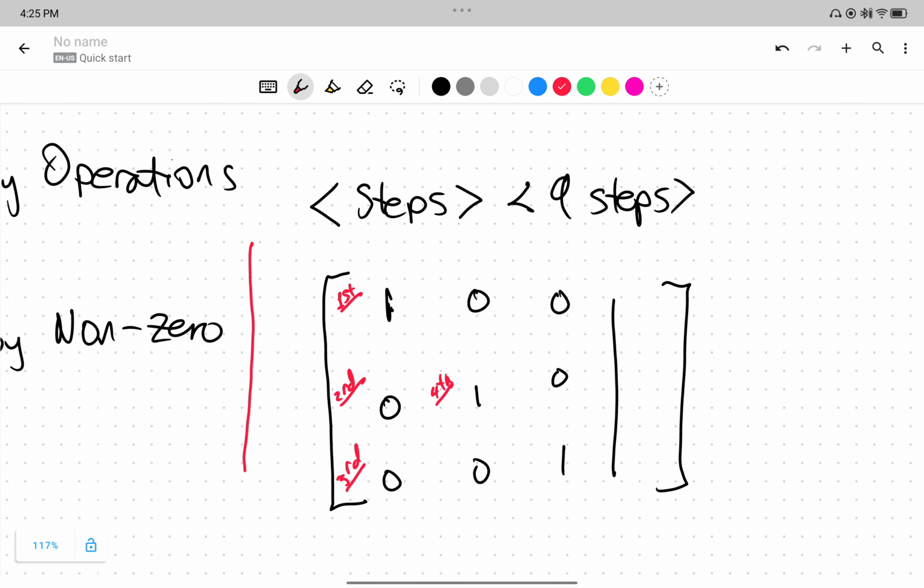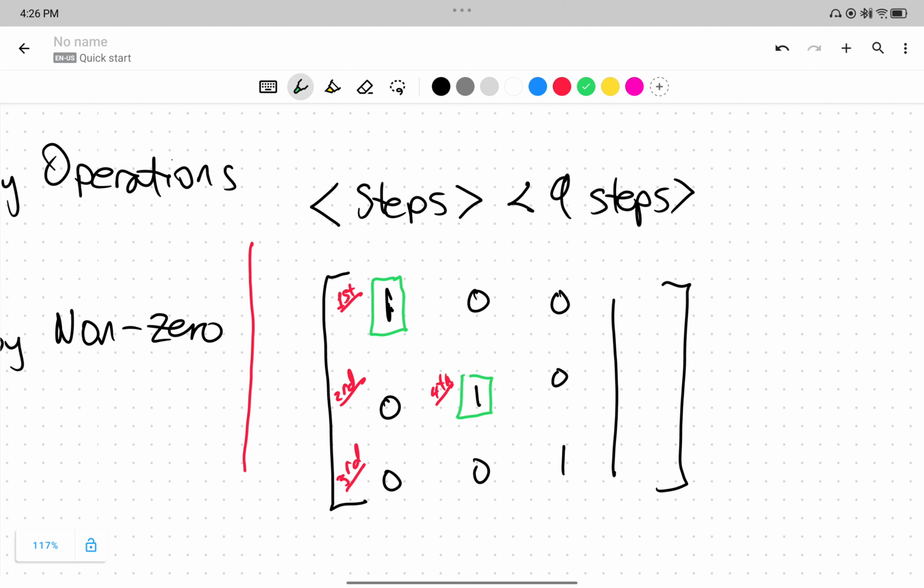Now, in reality, I should say that as long as the 1 is before the zeros, it doesn't matter which 0 you get first. So right here, we're calling this step number 4.